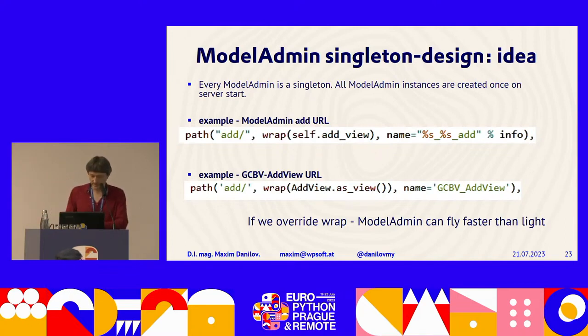This is a problem. But also, if I solve this problem, we can also increase speed. Some computation happens many times in one request. I have a talk where I can show 9 times calls to one method, 4 times calls to another method. I can cache these computation results.